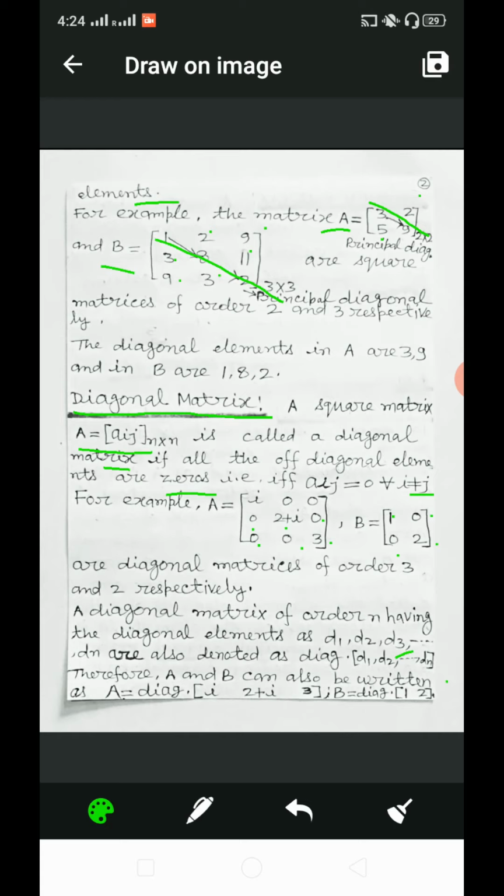A diagonal matrix of order n having the diagonal elements as d1, d2, d3 and so on dn is also denoted as diag(d1, d2, and so on dn). Therefore, A and B can also be written as A equal to diag(i, 2 plus i, 3) and B equal to diag(1, 2).